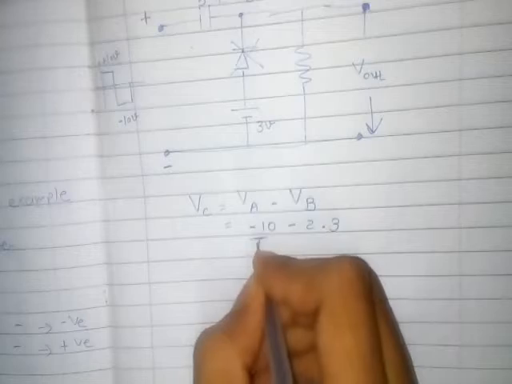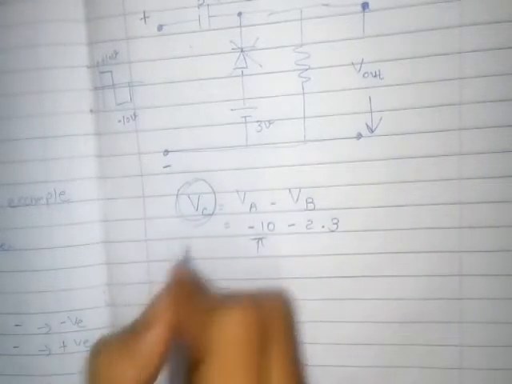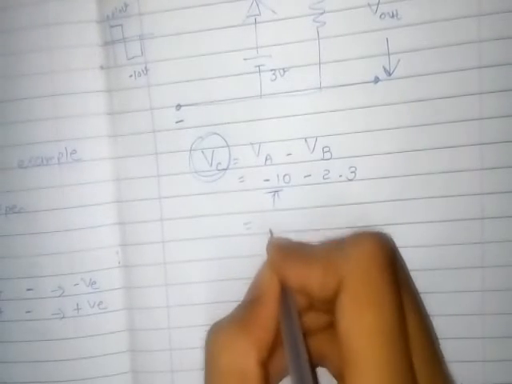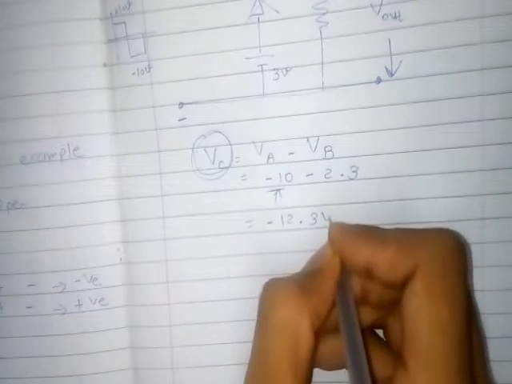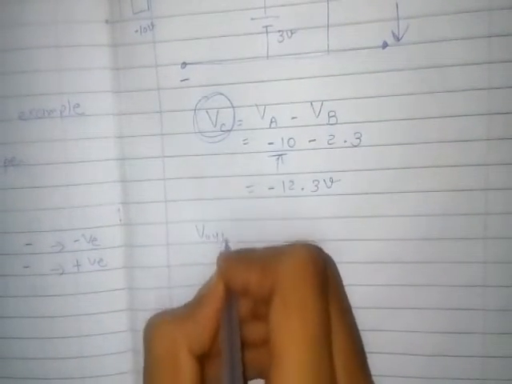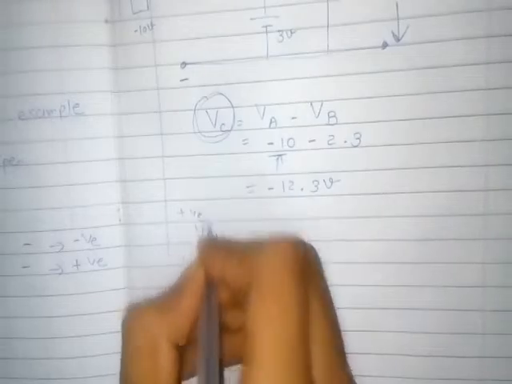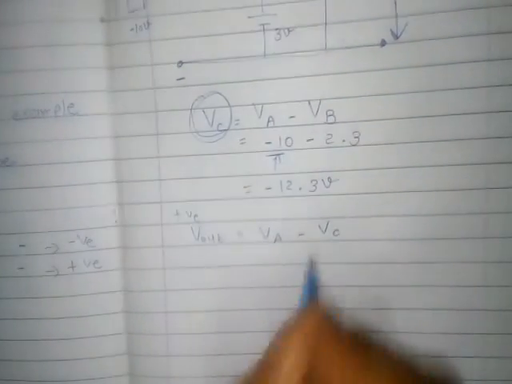The capacitor will charge during the negative half cycle, so the voltage across the capacitor will be minus 12.3 volt, and the output V out during the positive half cycle is equal to VA minus VC. Now what is the value of VA?